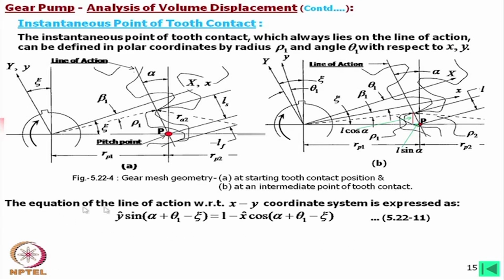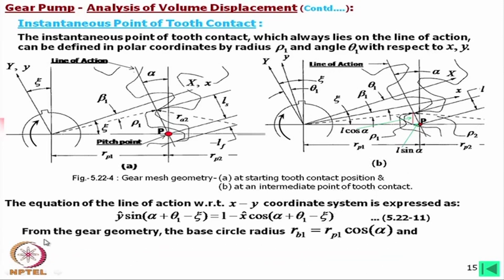Now, the equation of the line of action with respect to the x y coordinate system is expressed as y dash sin(alpha minus theta 1), the angle of rotation, equal to 1 minus x dash cos(alpha plus theta 1 minus zeta), if you just look into this geometry. This is the equation of the line of action.